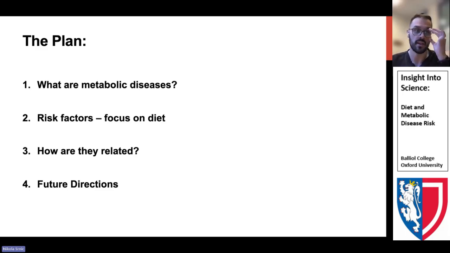Towards the end, I'm going to give you some future directions: if you're interested in this topic, what to go read about and where it branches out, but also some unanswered questions in the field and where the research is heading.